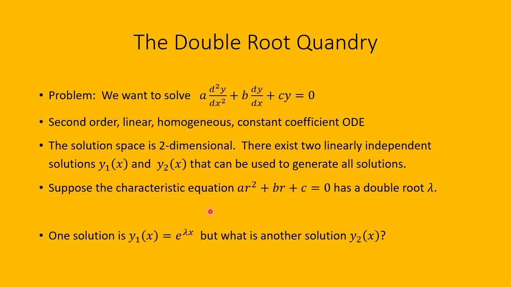But for that other root of lambda, you can't use y sub 2 of x equals e to the lambda x, because y sub 1 and y sub 2 would not be linearly independent. It would not give you a two-dimensional solution space as its span. So the question is, what is another solution y2 of x such that y1 and y2 are linearly independent?